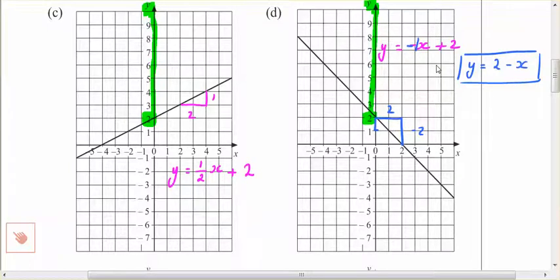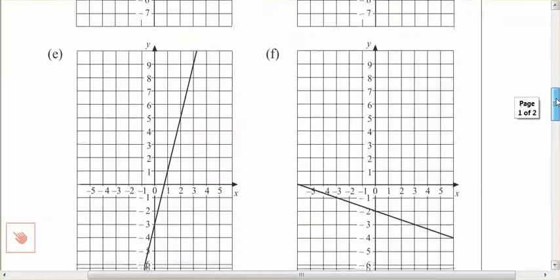Because minus 1 times x just leaves it as minus x. In this case though, it's rise over run, or drop over run, Millie. So it's not 2 over minus 2. Remember that. This is the rise, it's minus 2. This is the run. So it will be minus 2 over 2, which makes minus 1.